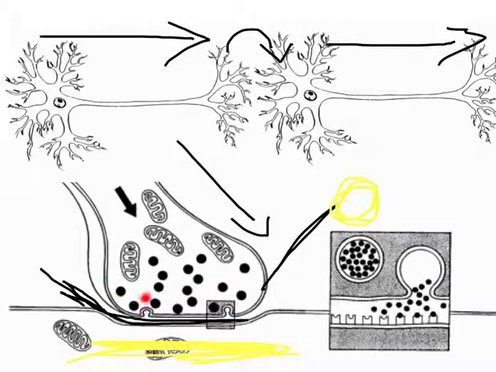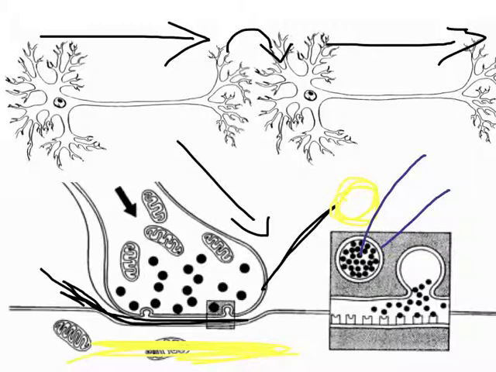presynaptic vesicles, that are filled, as you can see in this blown up version, with neurotransmitters. This is a presynaptic vesicle, and see these little circles? Those are neurotransmitters. So step 1, signal reaches the axon terminal.